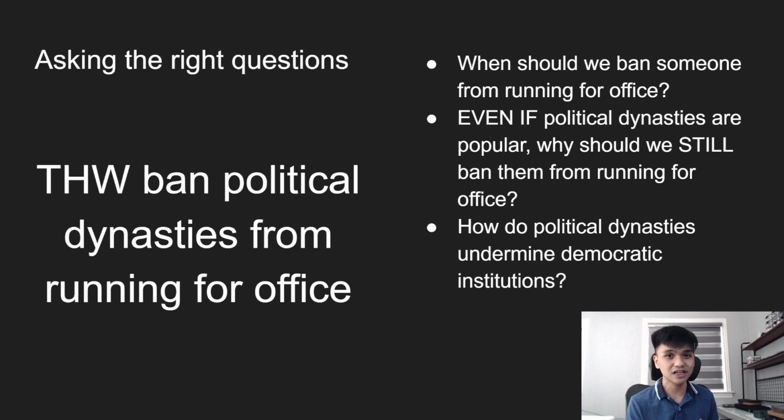Of course, we're still running the argument that political dynasties are corrupt, but we're not making that the center point or the core question that we are answering in this debate. Instead, we are utilizing our initial idea and reframing it. We're repackaging it under a more precise and more core question for the debate, which is how do political dynasties undermine those democratic institutions?